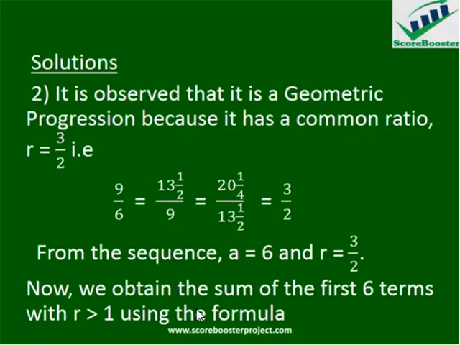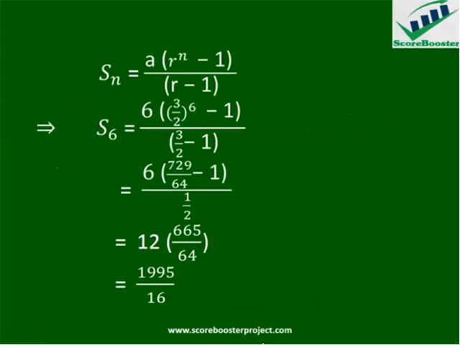So now we obtain the sum of the first 6 terms with r greater than 1. That is, from here, 1.5 is greater than 1. So we know that we use the first formula for obtaining the sum of the first n terms. So this is the formula for r greater than 1.